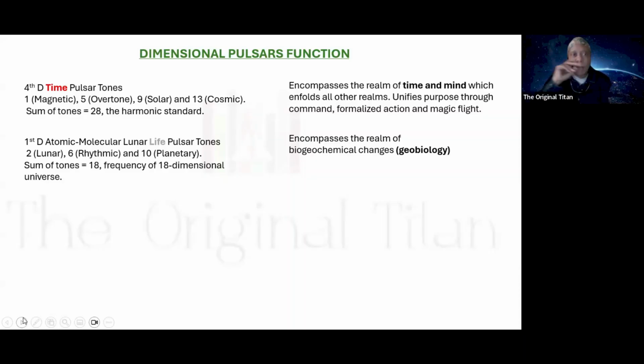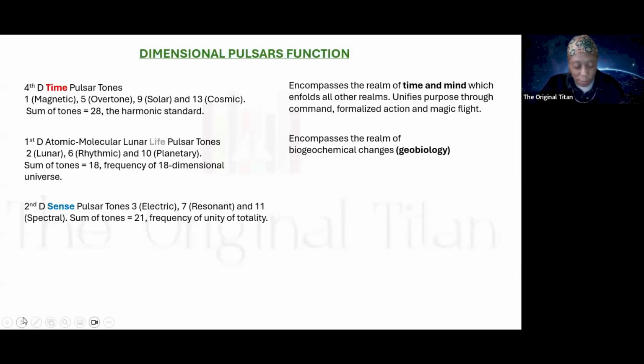We know that on a molecular level like that, we're talking about polarity. We're talking about the partons, the quanta, all of that begins to polarize. What's it going to do? It's going to cause a biogeochemical change that comes from the unseen to the seen.